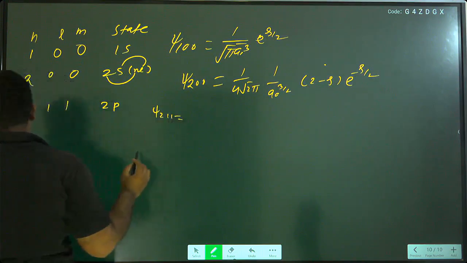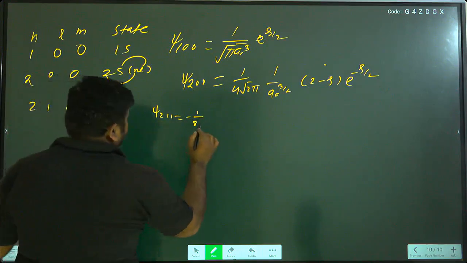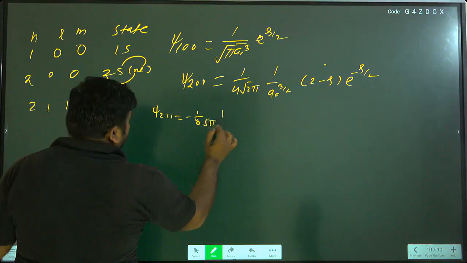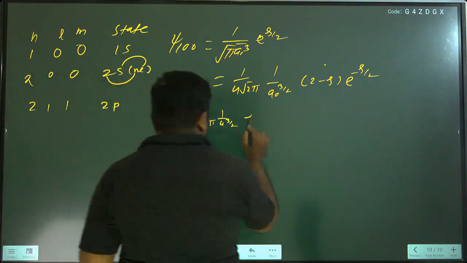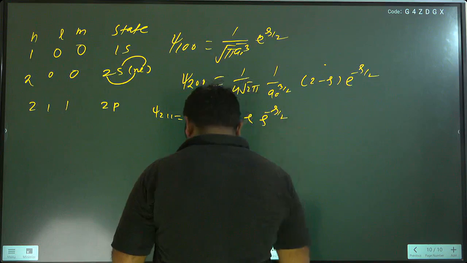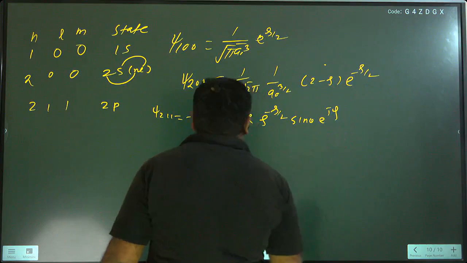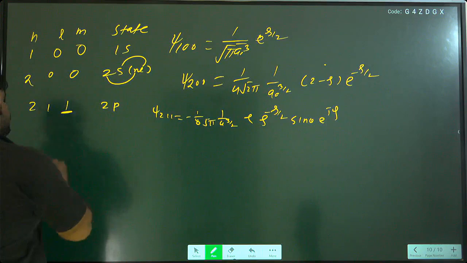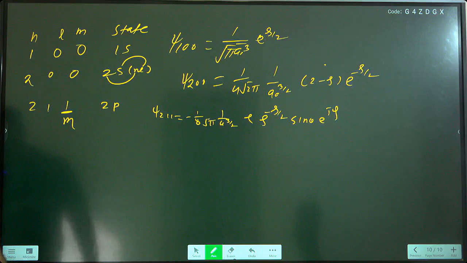Psi 2 1 1 is equal to minus 1 upon 8 root pi into 1 upon a to the power 3 by 2 rho into e to the power minus rho upon 2 sin theta e to the power i phi. Why will e to the power i phi be surviving here? Because here ml is the m value, and easily we can find the exponential part in phi will be surviving in this case. Okay, next.